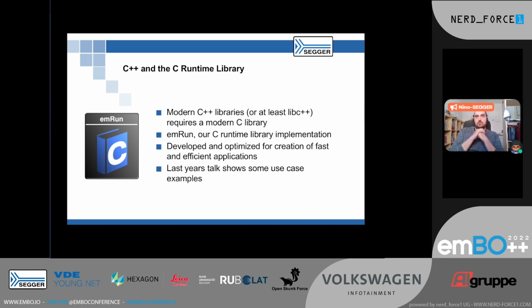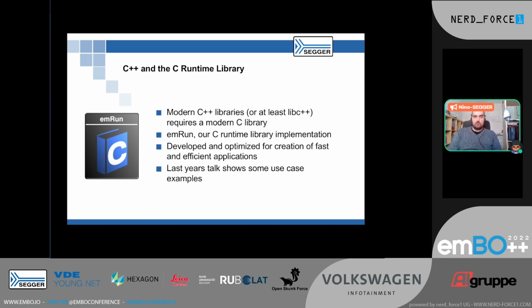This is the prerequisite for libc++. There might be other C++ libraries that are like an all-in-one package that provide all needed functionality themselves, so they can work standalone. This was not the case for libc++.